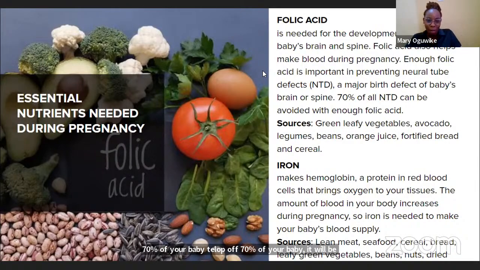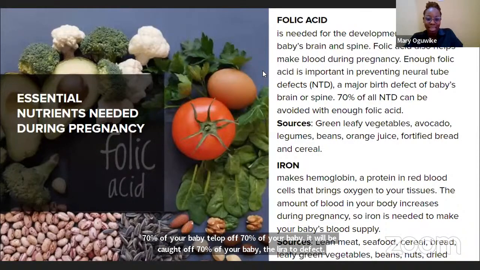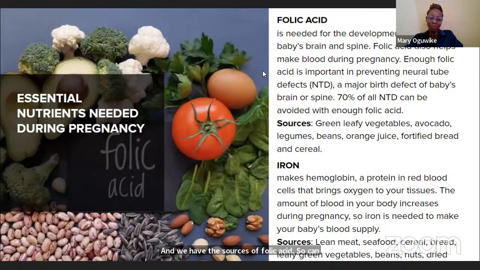So can someone type again the source of folic acid that you can see on the screen? It's like this one is hard, nobody's typing anything. Okay, someone said beans, thank you. Someone said plantain. Vegetable, thank you very much.